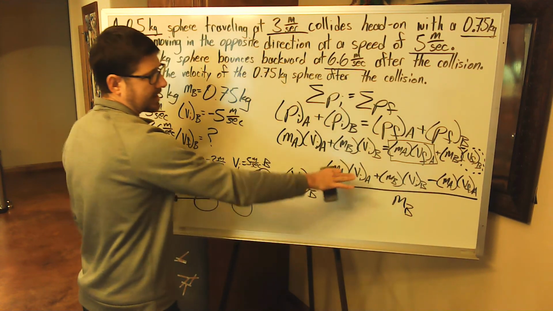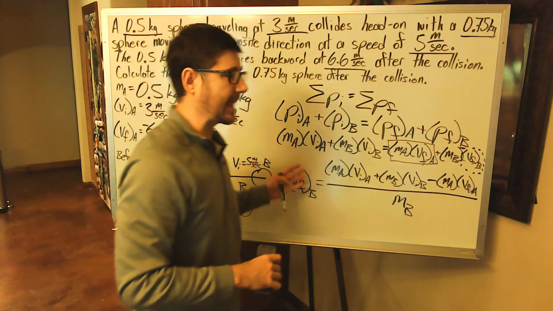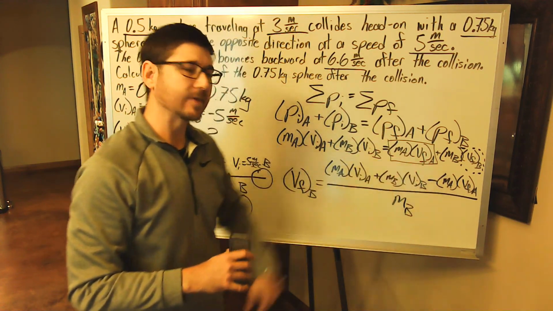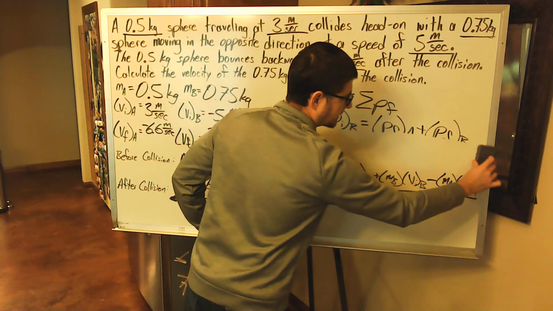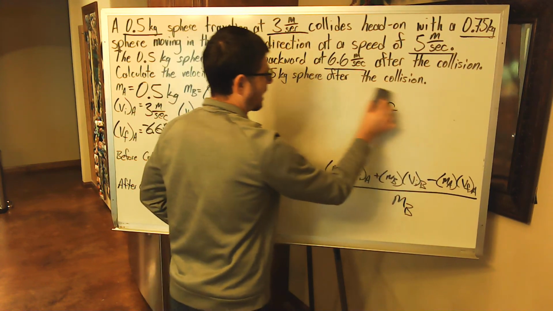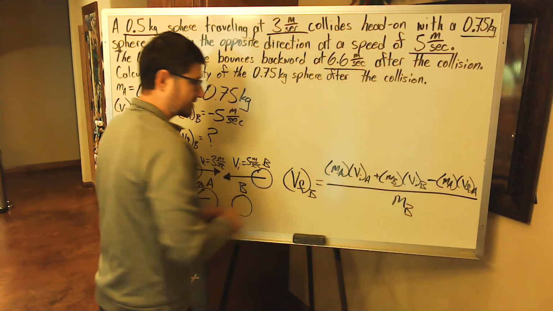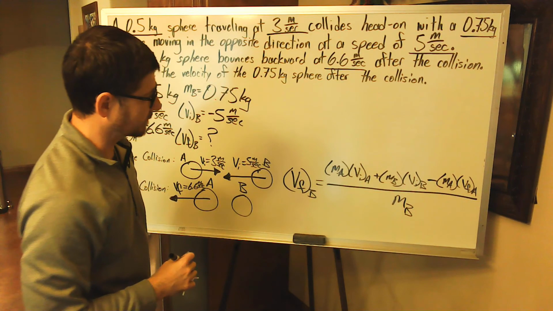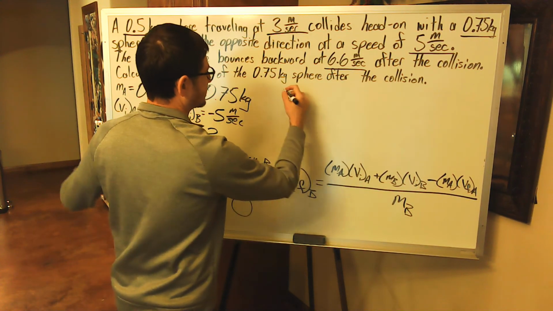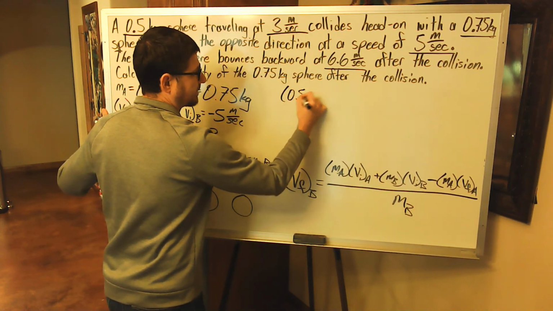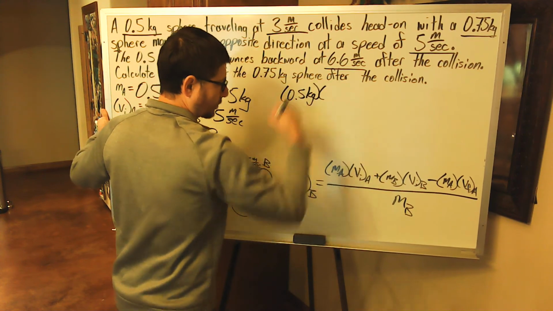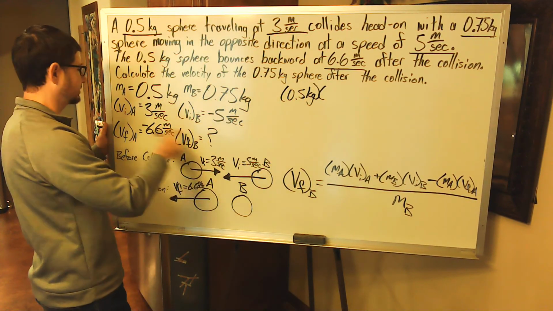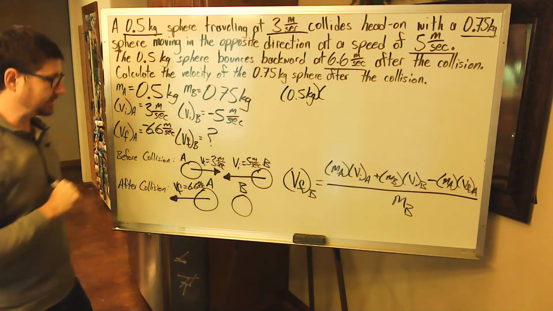Okay, so on the right hand side of the equal sign, we actually have all of the values. So let's go ahead and fill in our values, and we can solve for the final velocity of sphere B. Mass of object A is 0.5 kilograms. We're going to multiply this by the initial velocity, which is 3 meters per second.